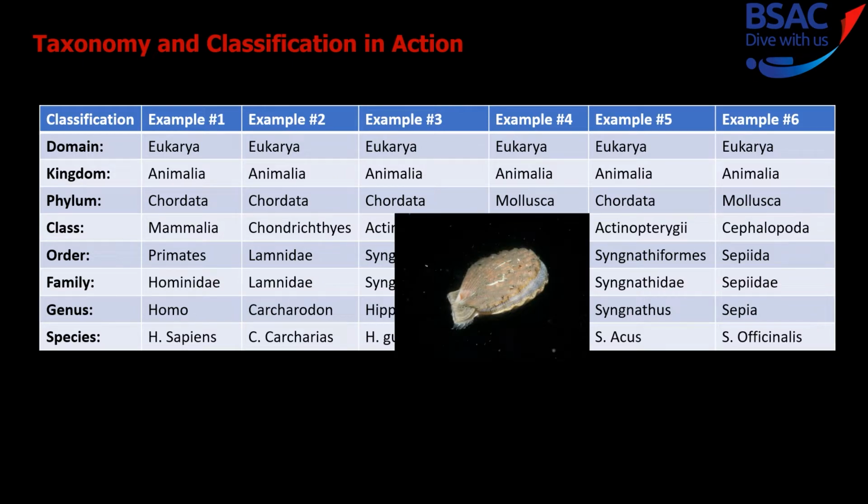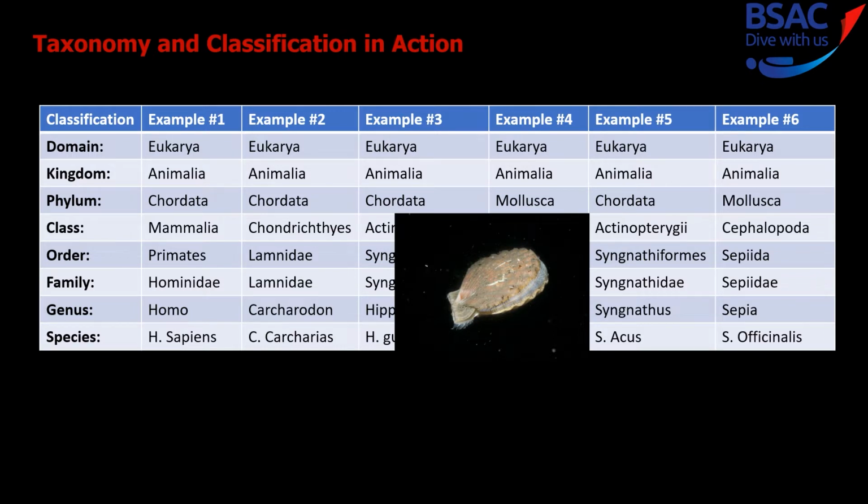Example 5. When we look down the column, we can see that it is very similar to example 3. So it must have a body surrounded by a series of bony rings and small tubular mouth.